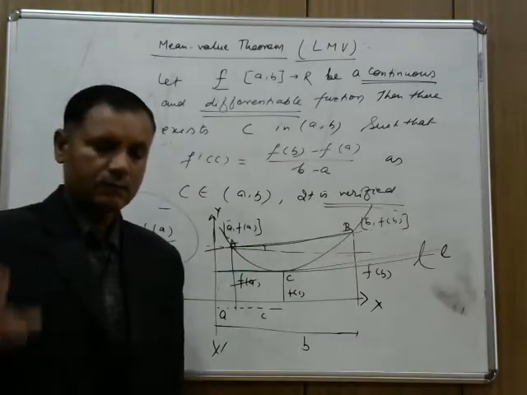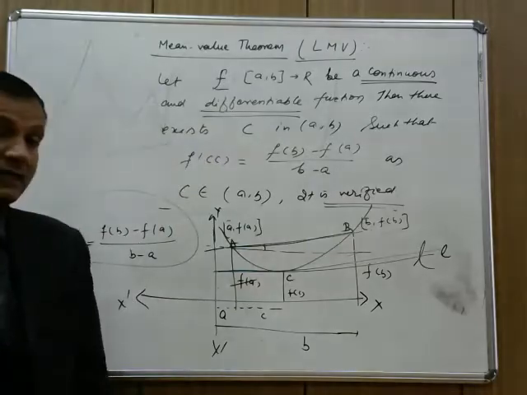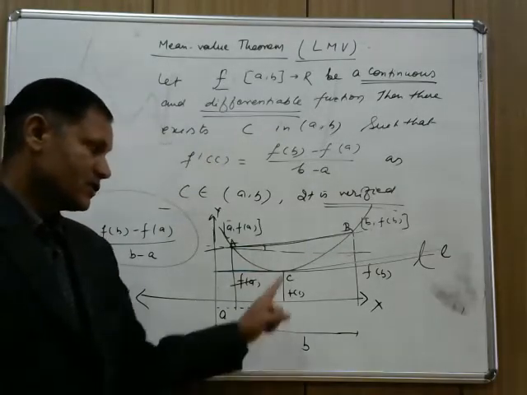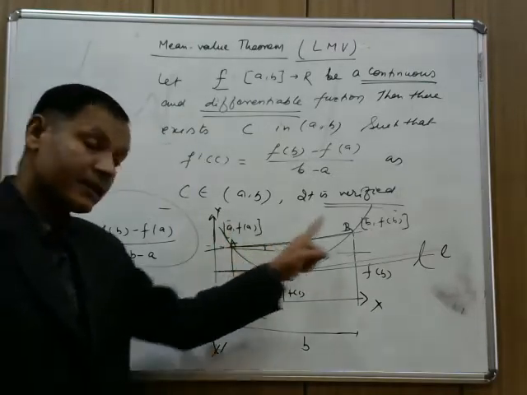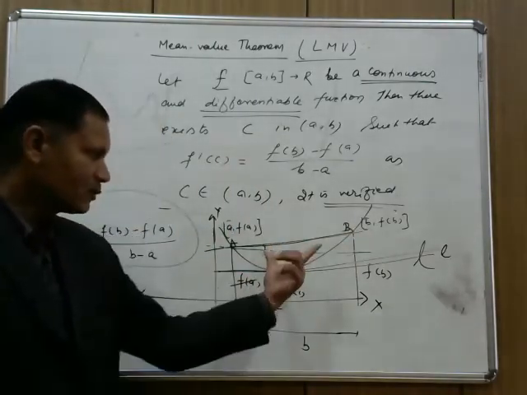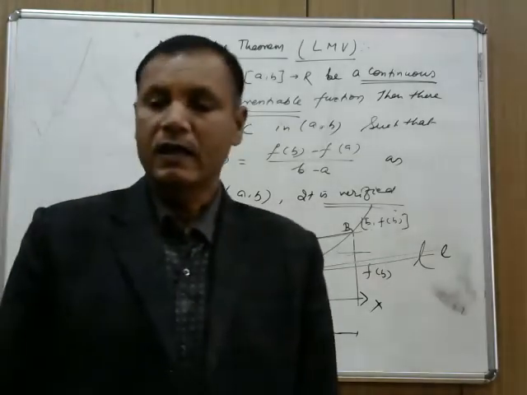In Rolle's theorem we discussed the x-axis. Here the tangent will be parallel to the line joining A and B, that is, parallel to the line AB. This is the difference between Rolle's theorem and LMVT.